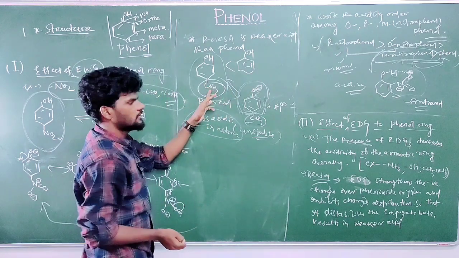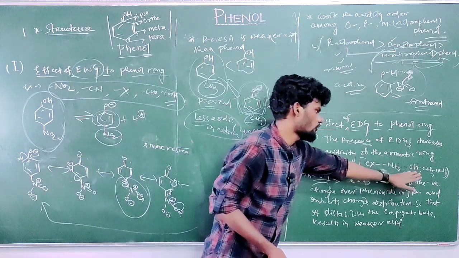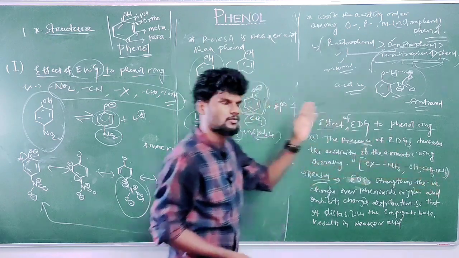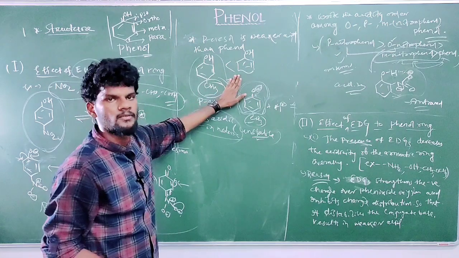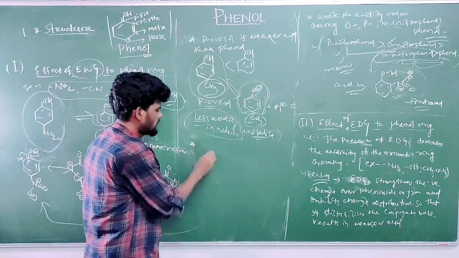If instead of CH3, other groups like NH2, OH and OCH3 are there, those compounds also become less acidic than phenol. Okay, let us take an example.